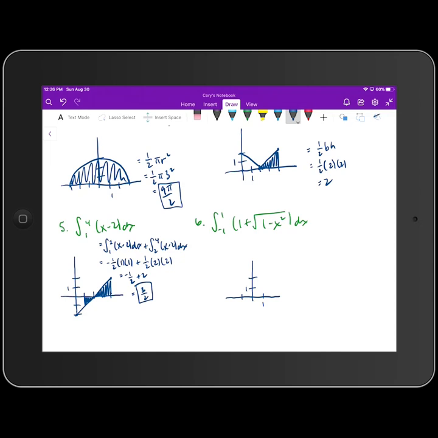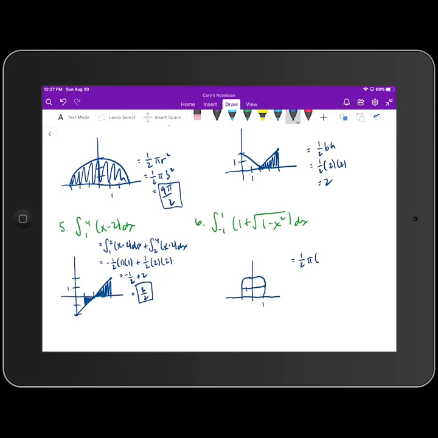Okay, so we've got our graph looking like this. Whoops, I don't know why that came out like that. We'll fix it. So looking like this and this. Okay, so this is the semicircle part. And that semicircle is going to lie on top of a rectangle. So if we want to compute that entire area, then that's going to be equal to the area of the half circle, which is going to be 1/2 pi r squared.